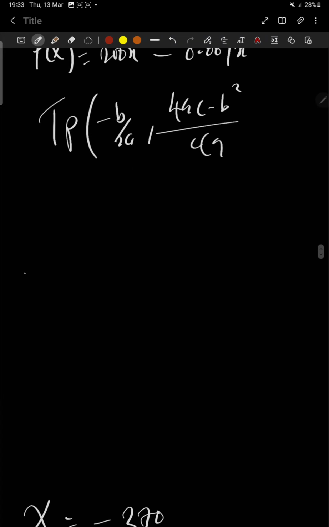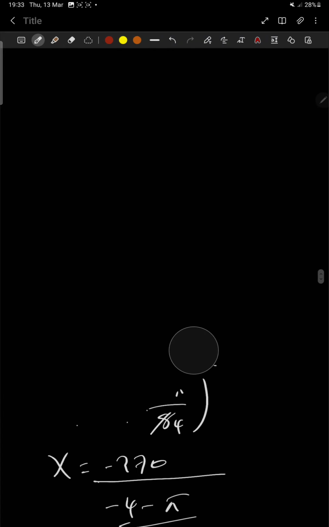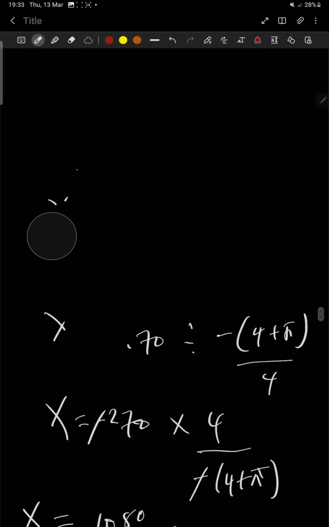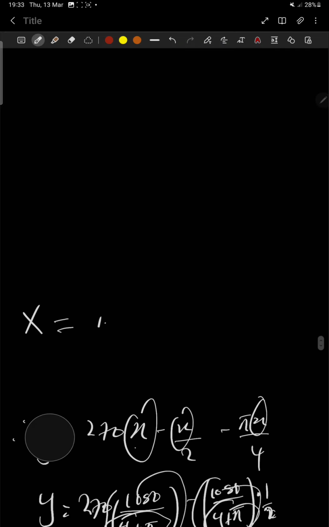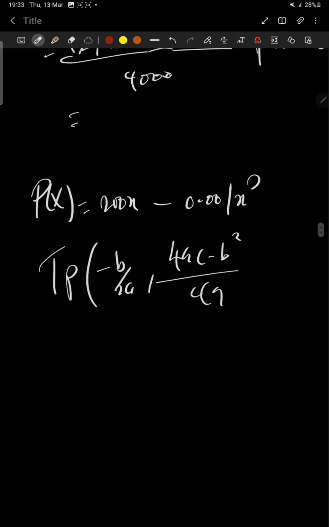So for the x value, we already have the x value for the turning point. It's the one we found, which was 100,000. Now you need to find the y coordinate of the turning point. The x coordinate is negative b over 2a, which we found to be 100,000.